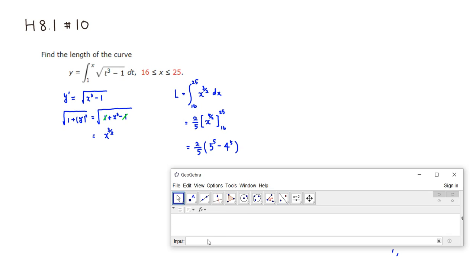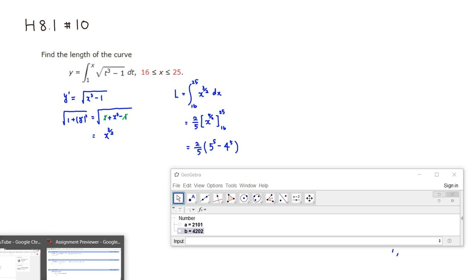I've got GeoGebra open, so I'm going to compute 5 to the 5th minus 4 to the 5th. What's that number? Oh, that's a big number. So you want to multiply by 2, so it's 2,101 multiplied by 2, which is 4,202 divided by 5.